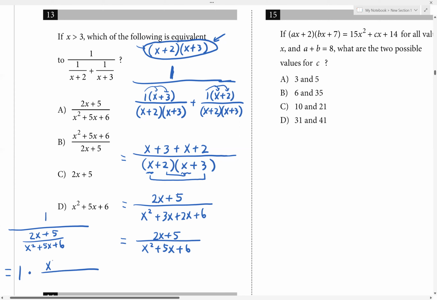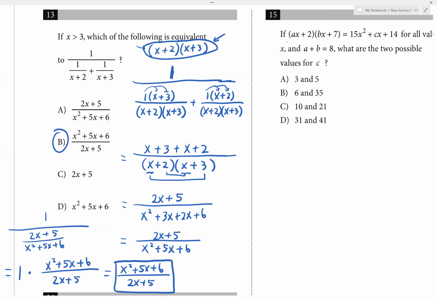We flip it over, and it will be x squared plus 5x plus 6 over 2x plus 5. And 1 times that is just that. So that would be our final answer, which is letter B for number 13. All right, and that should be it for this one.